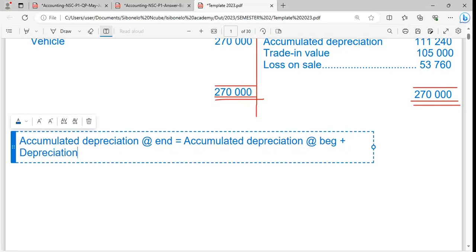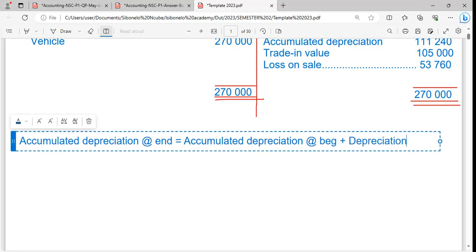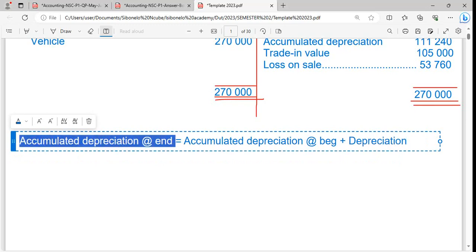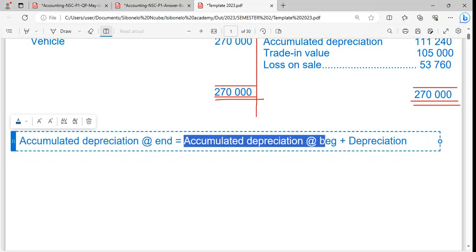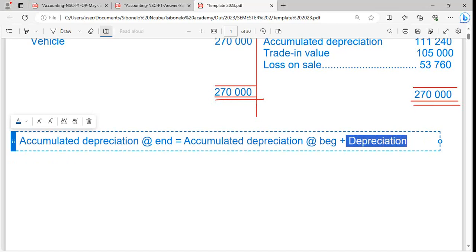So we add depreciation for the current year. Guys, that is how we get accumulated depreciation at the end. We take accumulated depreciation at the beginning, and we add depreciation for the current year.